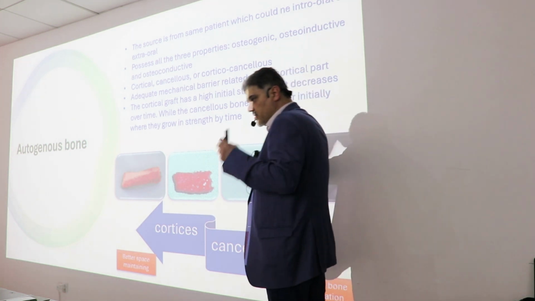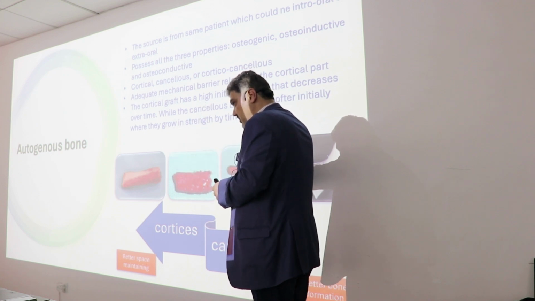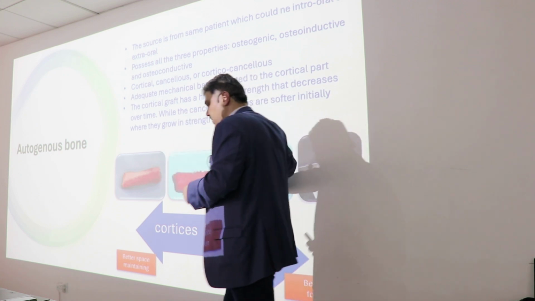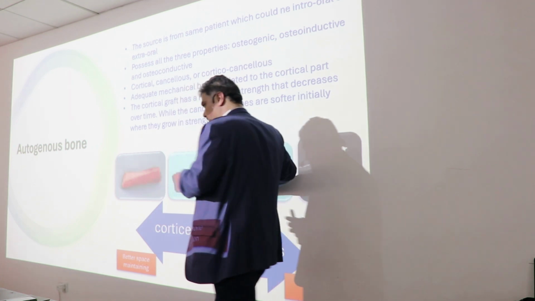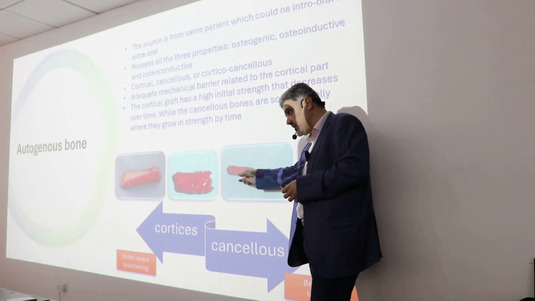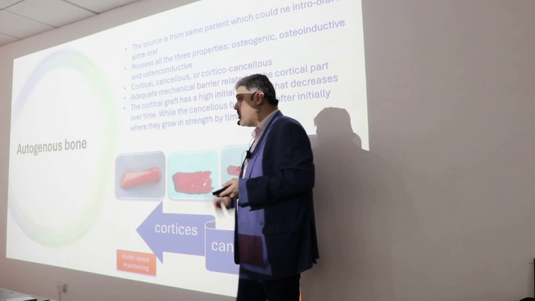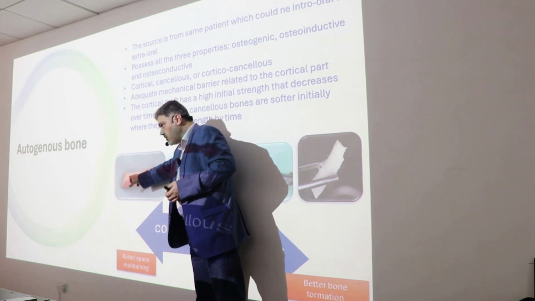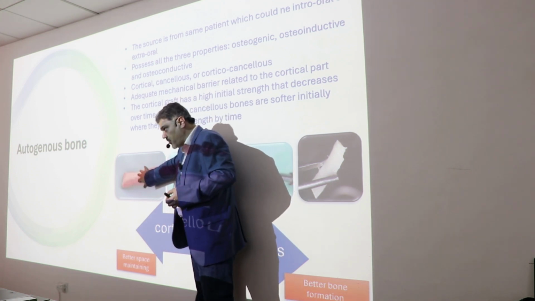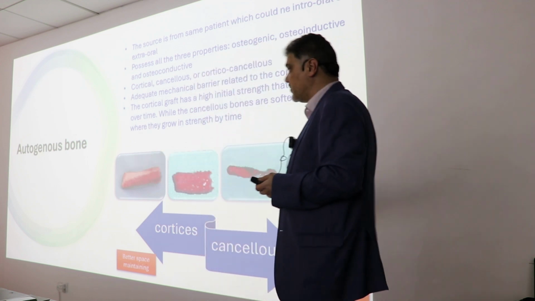If you use a low speed, up to 50 RPM, 50 rounds per minute, without irrigation, you can collect this bone and use it later as autogenous, as I will show you later. Or you can collect a corticocancellous block, where you can take advantage of both types of autogenous bone.